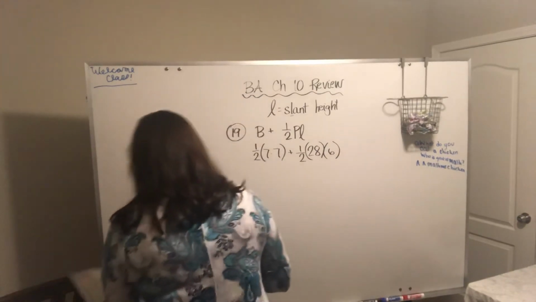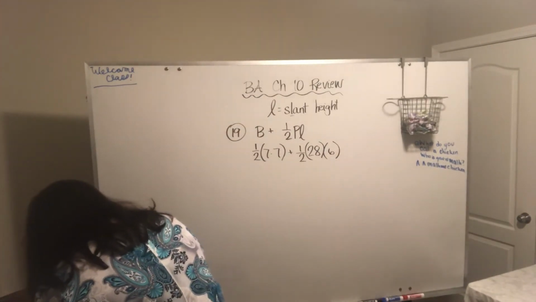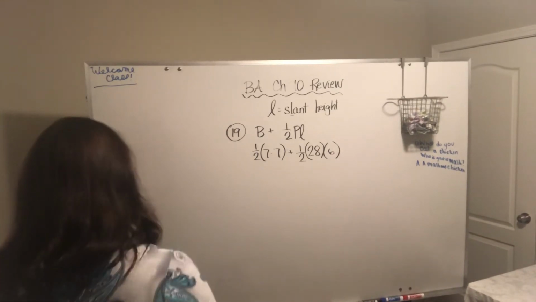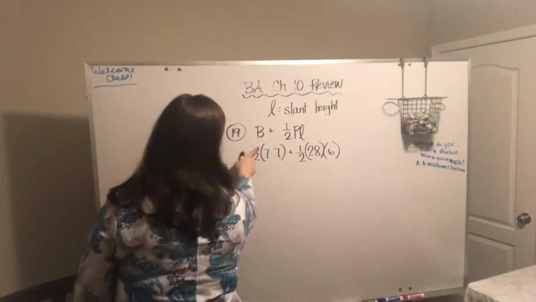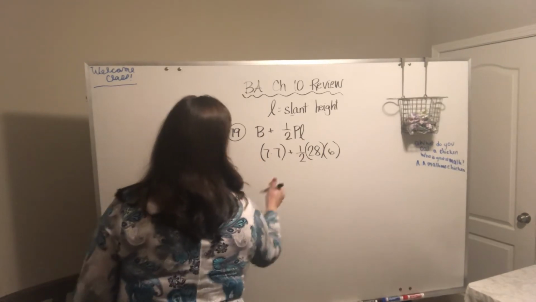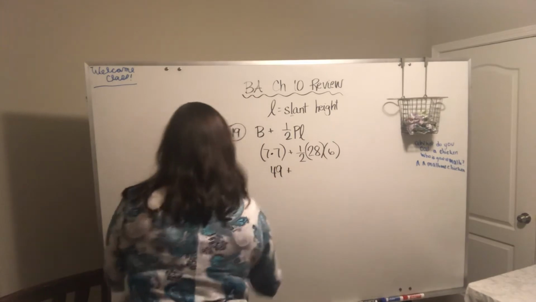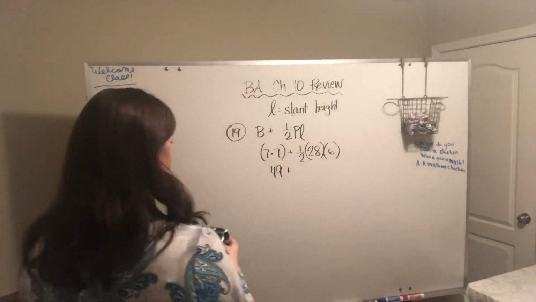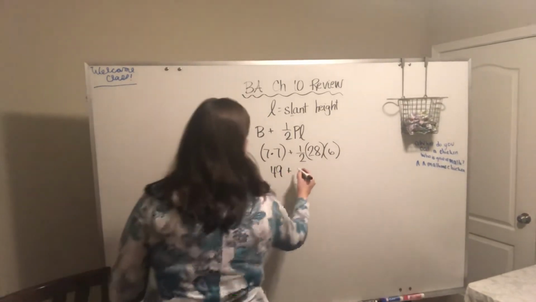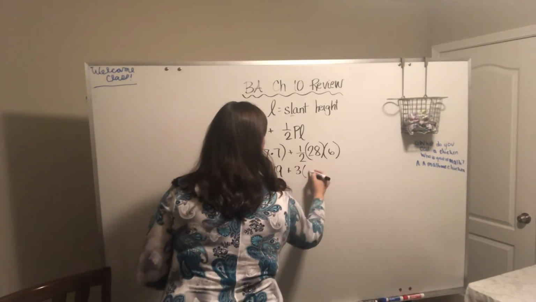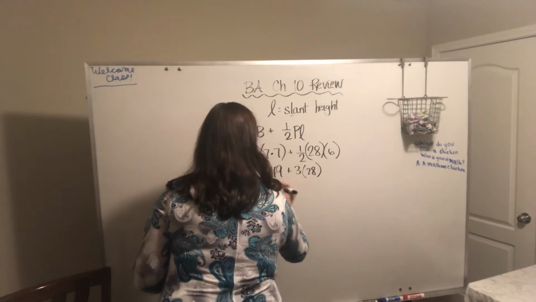Oh, I made it like it's a triangle. It is not, it's a rectangle. So all that works. 49, plus we have, and I would do the 6 divided by 2, which is 3 times 28.